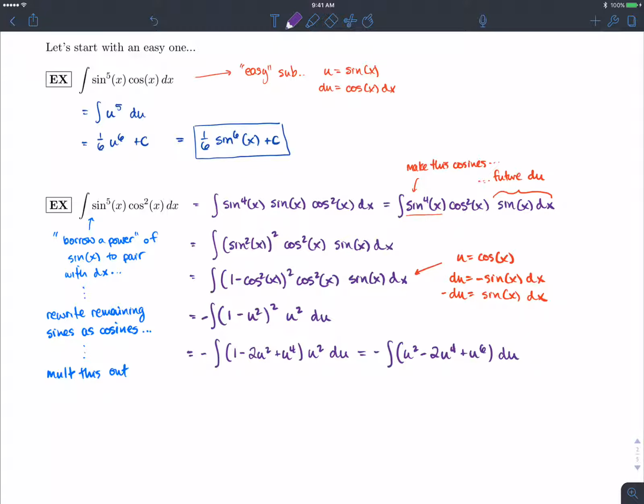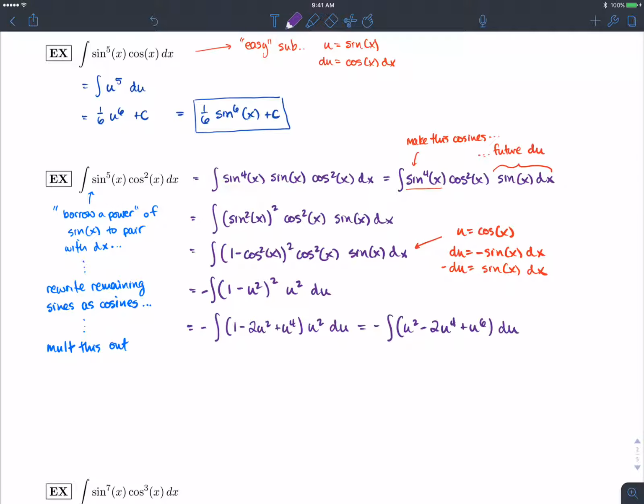Now we've reached a point where we can integrate these term by term and then plug back in what our original u was. So let's go ahead and do that. If we integrate our u's, we're going to have 1/3 u cubed minus, if we add 1 and divide, 2/5 u to the power of 5, and then plus 1/7 u to the power of 7 plus c.